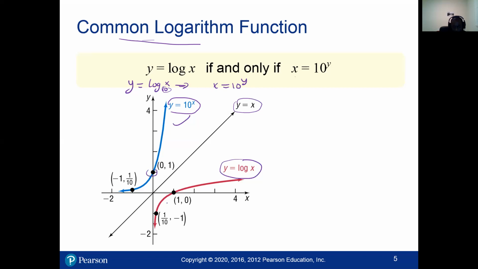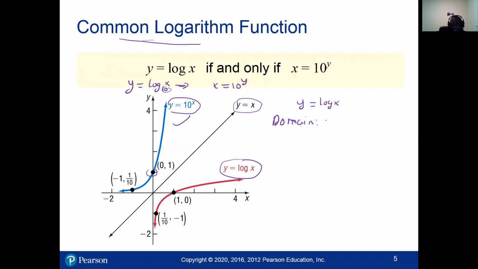Now if you look at this log function, the red one, you will see we can talk about its domain, the range, and so on and so forth. So what will be the domain of this one, just for curiosity? We're talking about the function y is equal to log x. What's the domain?